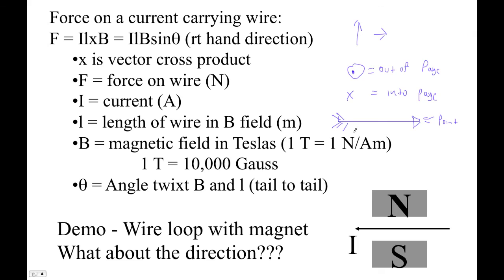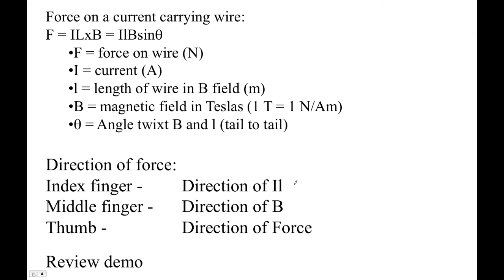All right. So this is our right-hand rule, and you'll have to look at the videos for this. But your index finger goes in the direction of the current. The middle finger is B. And this is, by the way, if it's just quantity X cross Y, this is the first quantity, that's the second quantity.